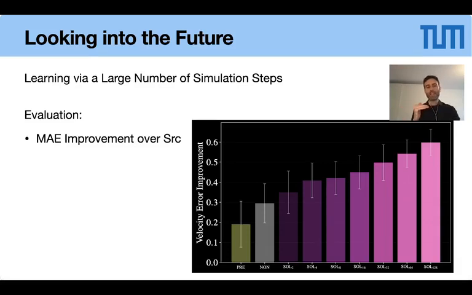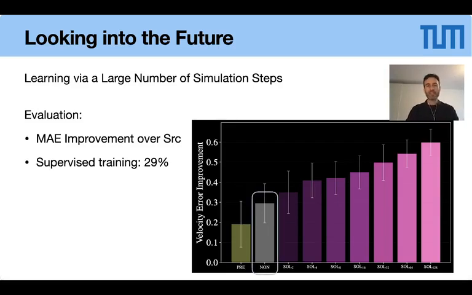So the 0 line, that's just the source. 1 would be a perfect reproduction of the reference states, which we most likely will never achieve in practice, but we'd like to get as close as possible, of course. Now, the supervised training, mentioned before, that's denoted as NON here, that already gives some improvement, 29% better than the source. It's not bad, but then most likely this distribution shift kicks in and it stagnates.